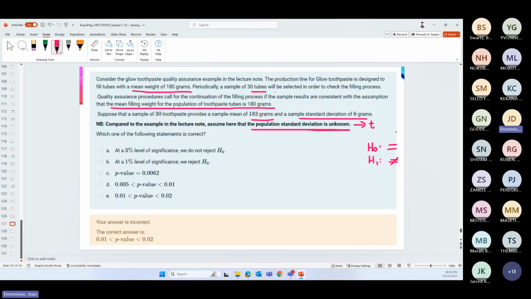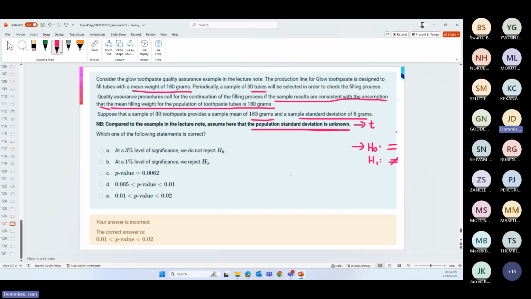Quality assurance procedures call for the continuation if the sample's results are consistent with the assumption that the mean filling weight for the population of toothpaste is 180. Okay, so they tell us that 180 is the null hypothesis, and the alternative is that it is not 180.